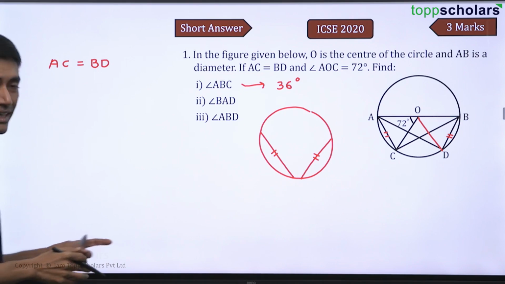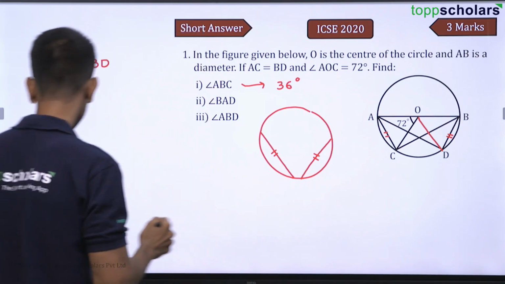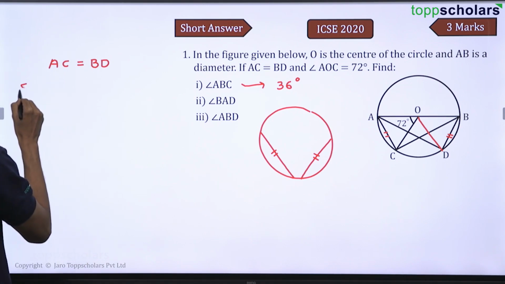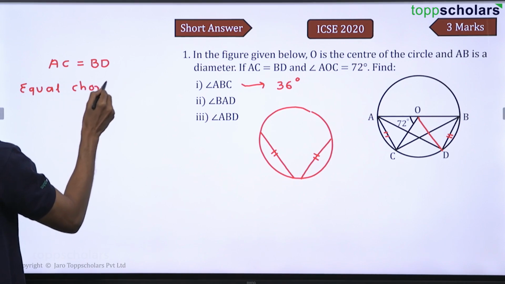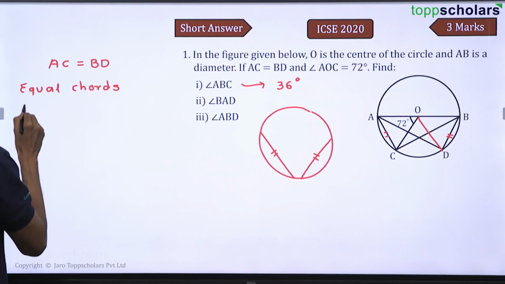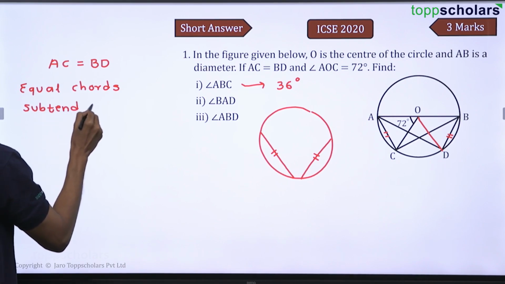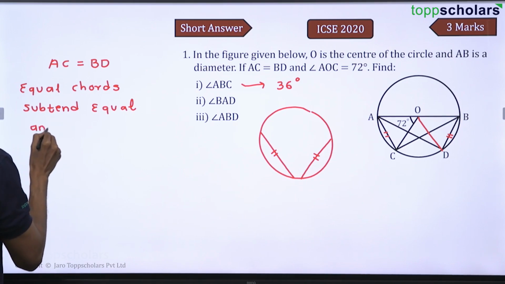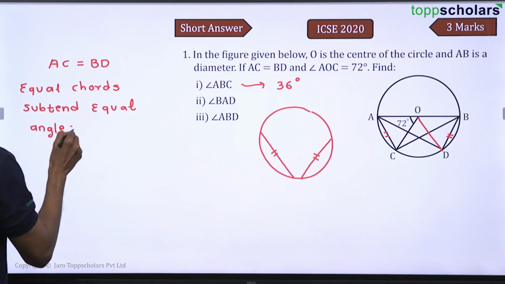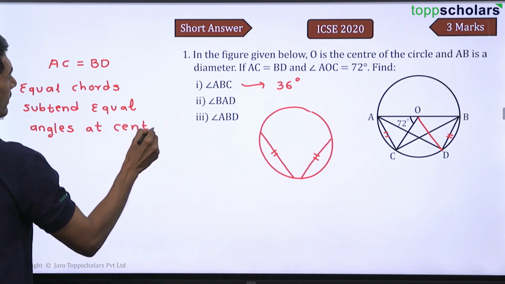And we know that equal chords subtend equal angles at the center, right?